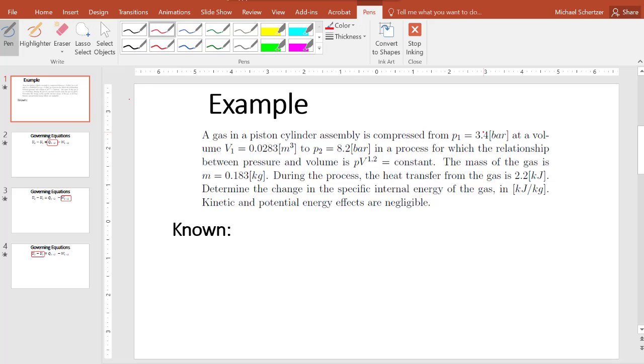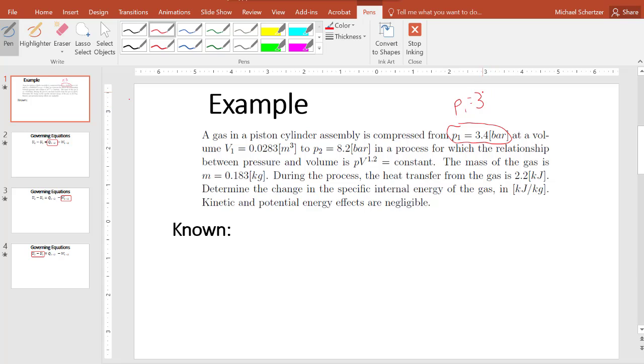The first thing that we want to do is look for the known information. The first thing we see here is that we're given pressure 1. So P1 is equal to, it says 3.4 bar, but I prefer to have my pressures in either pascals or kilopascals, so I'm going to multiply this by 100.